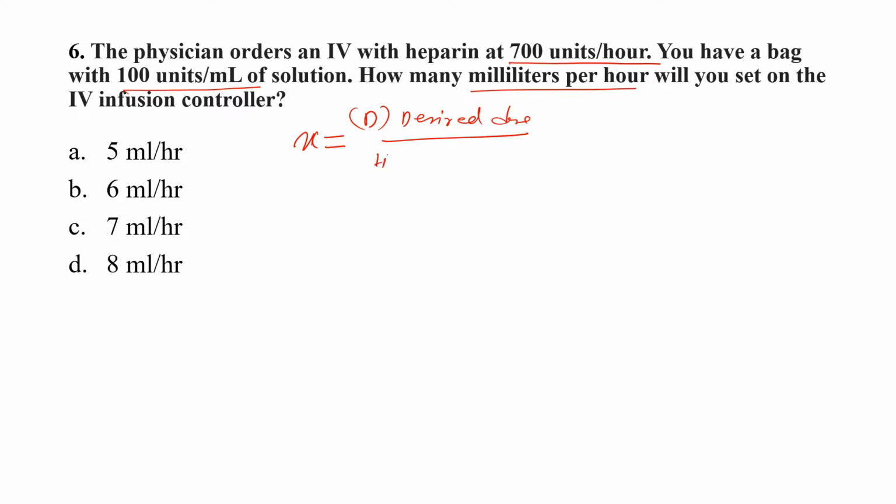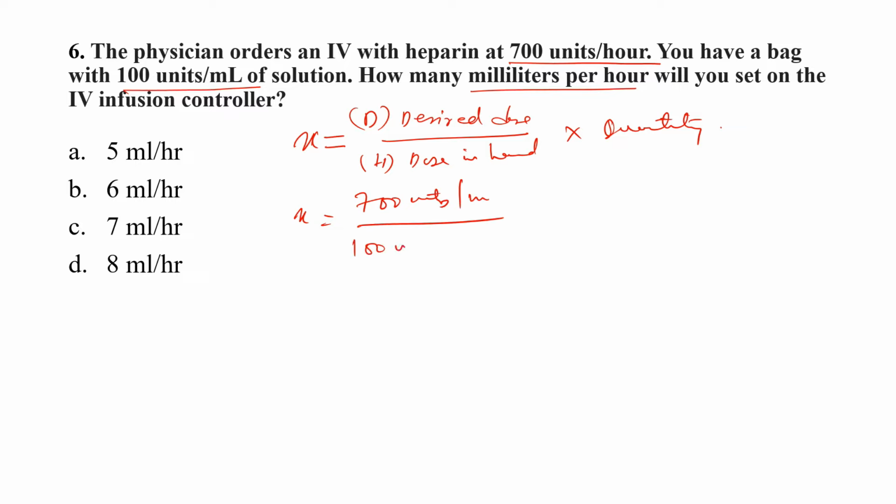So here the formula for drug calculation: X equals D, that is desired dose, divided by H, that is dose in hand, multiplied by quantity. So the desired dose is 700 units per hour and the dose in hand is 100 units per ml. The quantity is 1, since it is given as 100 units per ml.